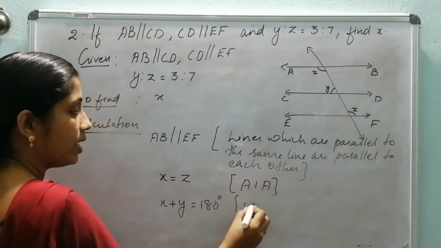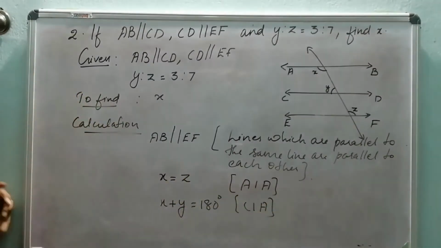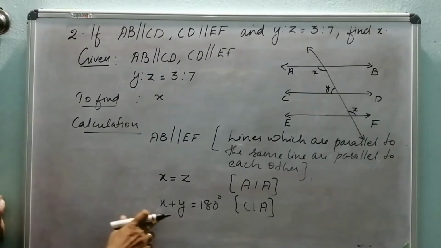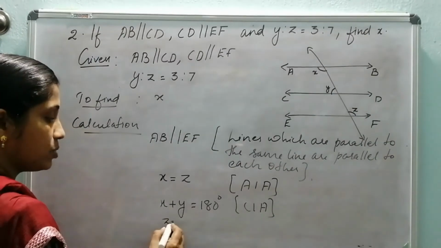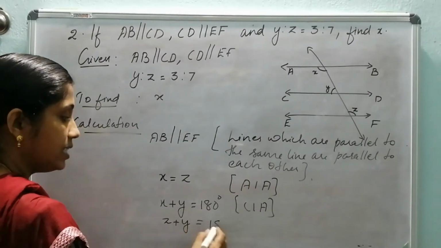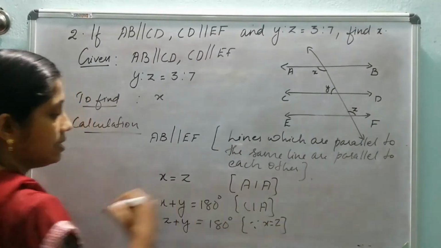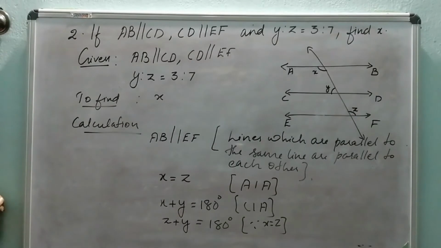The reason is co-interior angles. Instead of x here, we can write z: z plus y is equal to 180 degrees. The reason: since x is equal to z.